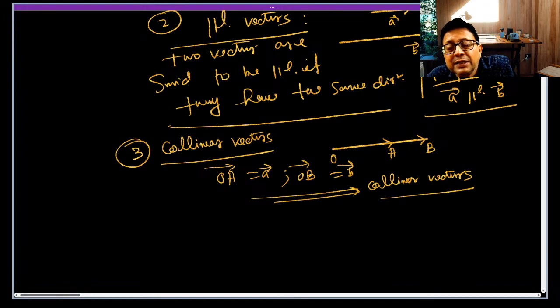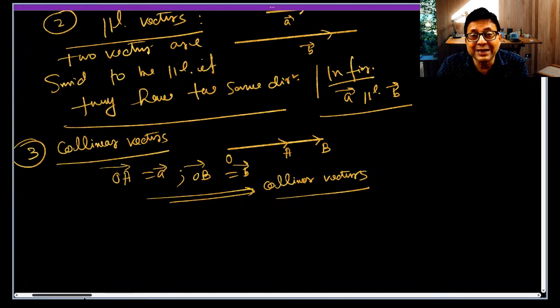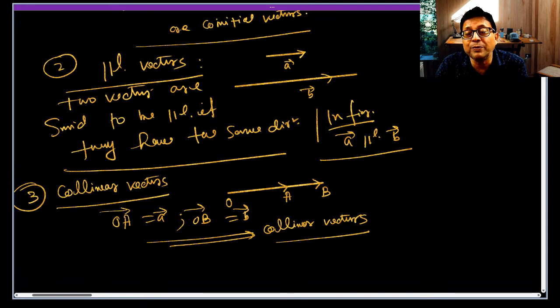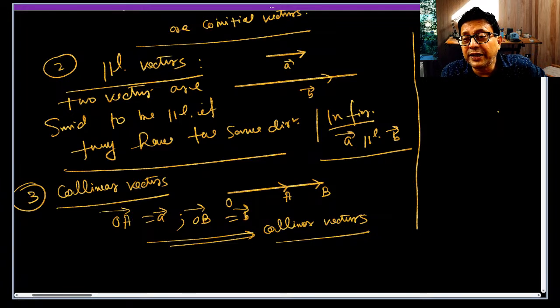Now, one thing we have to make clear, that a vector has no position. I mean, we can draw it anywhere. Anywhere means by moving it parallel to itself, we can take it at any place. We can move in forward direction also. So by keeping the direction same, a vector can be slid. This is a very important property.